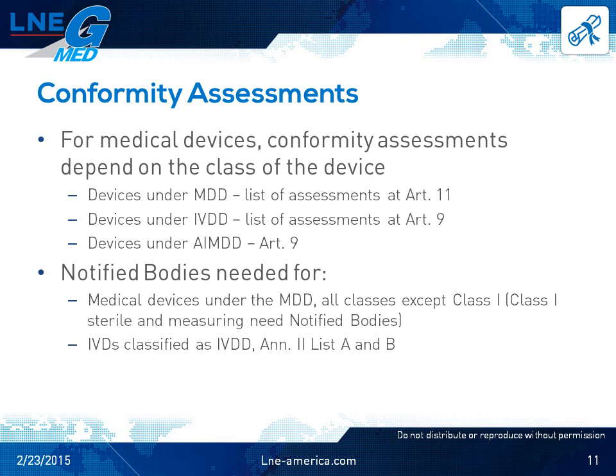Notified bodies are needed for most medical device assessments, specifically for all conformity assessments for all classes of devices except Class 1. Manufacturers also need notified bodies to do the conformity assessments for IVDs classified in Annex 2, List A and B, and some self-testing devices, depending on the assessment route that's chosen.